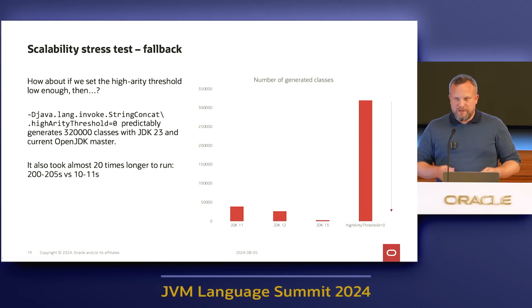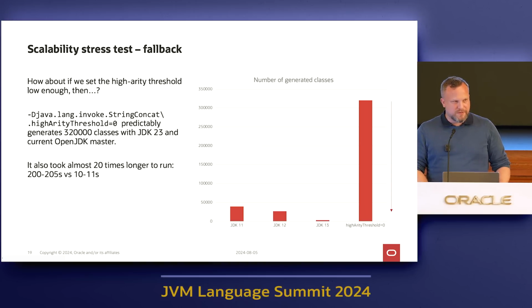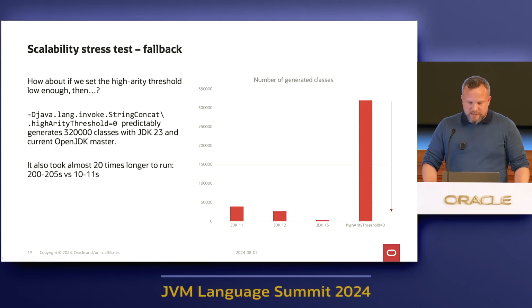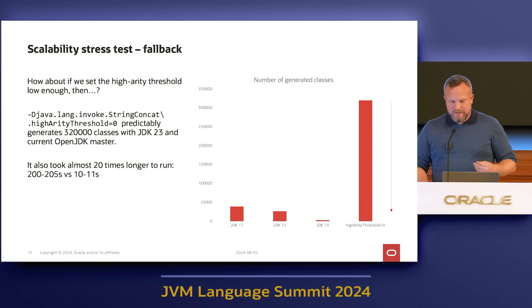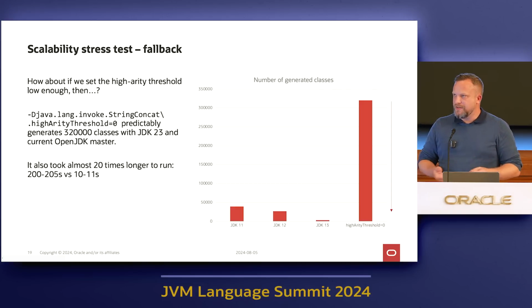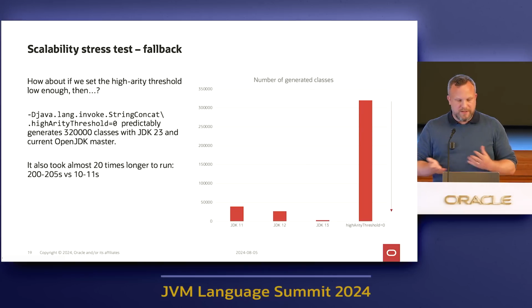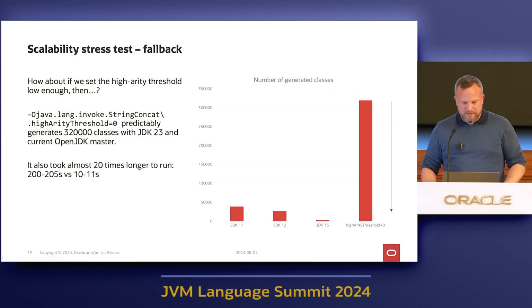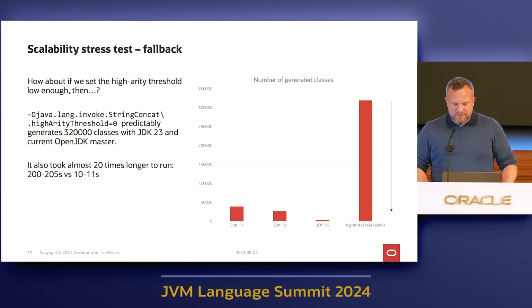Because if we would use that wholesale on any expression, that kind of strategy can at the extreme end generate an extreme number of classes. On this stress test, that simple strategy, which you can now yet again activate across the board with the high-arity threshold equals 0 flag that came in with JDK 23, generates an exorbitant number of classes, one for every string concat expression.